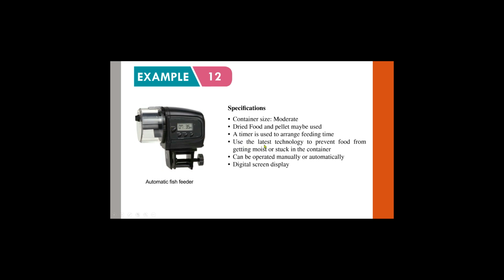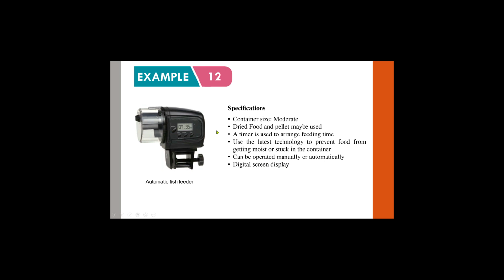It uses the latest technology to prevent food from getting moist or stuck in the container, so it must be airtight. It can be operated manually or automatically. If you don't want to use the timer, you can just push a button and the machine will give a certain amount of food and feed your fish. And lastly, the digital screen display, which refers to this part.